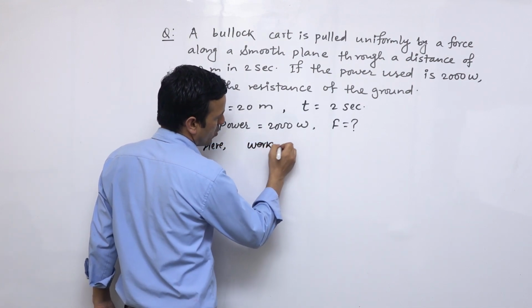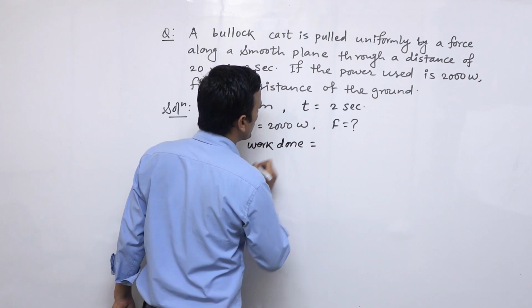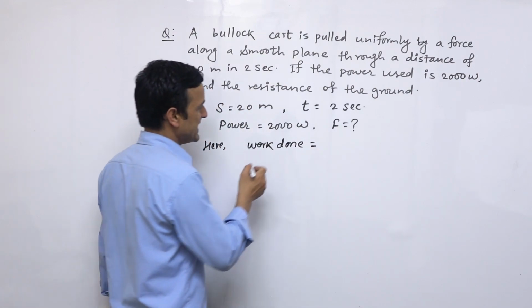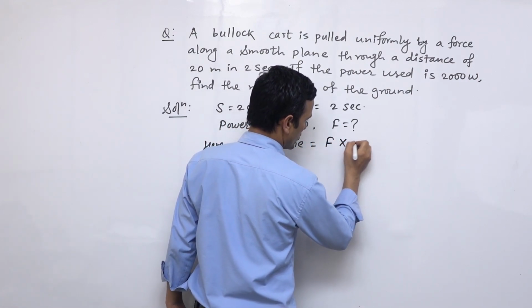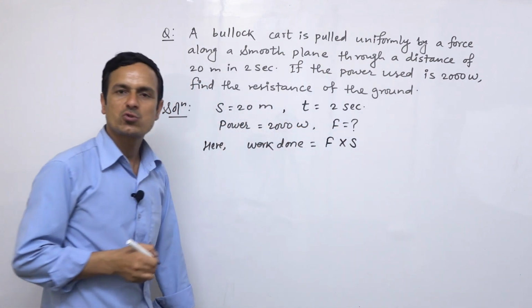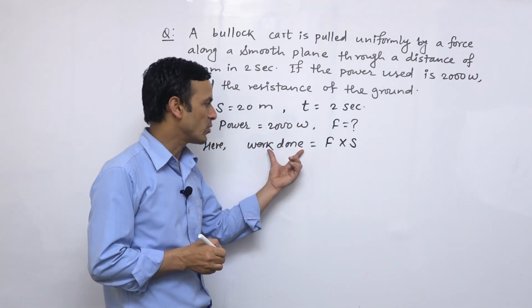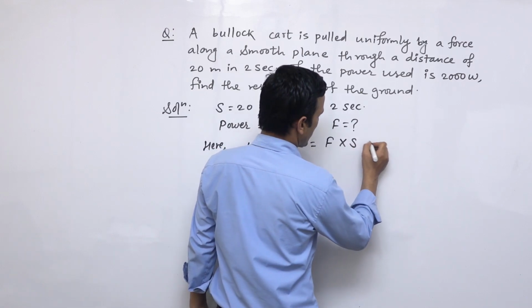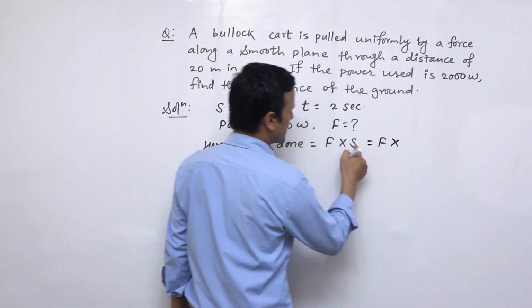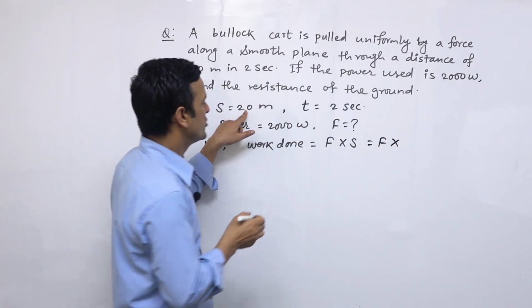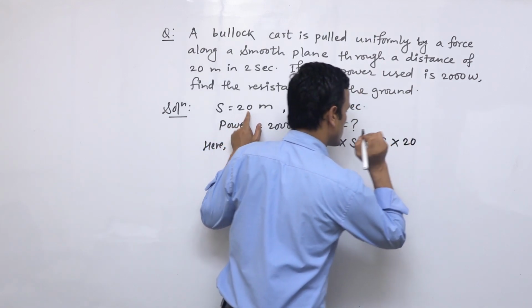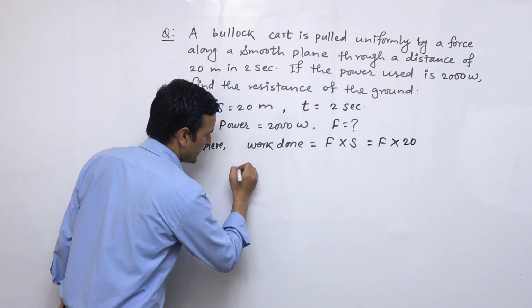We can find out the work done. So the formula of work done is force into displacement. So this one is the formula to find the work done. Force is unknown, but displacement is given here, 20 meter. So write down 20.